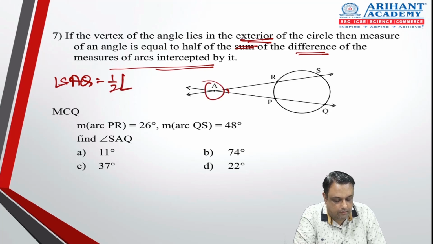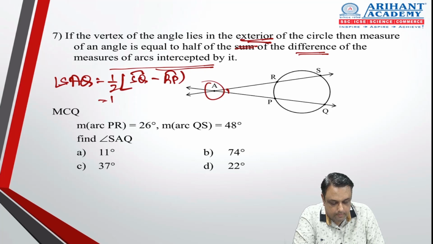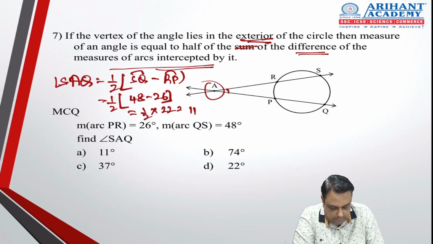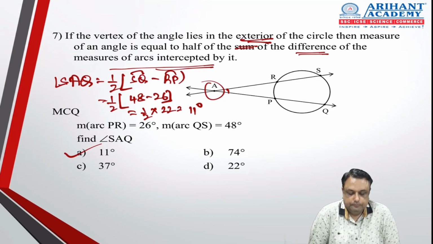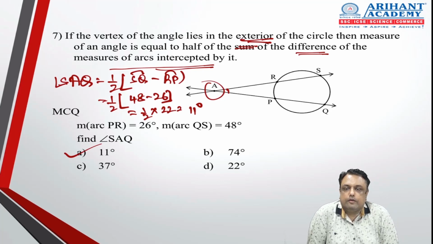So half of the difference of arc SQ minus arc RP. SQ is given 48, this is given 26. Half into 22, 11 degrees is the correct answer. Okay? Because the vertex is lying outside.